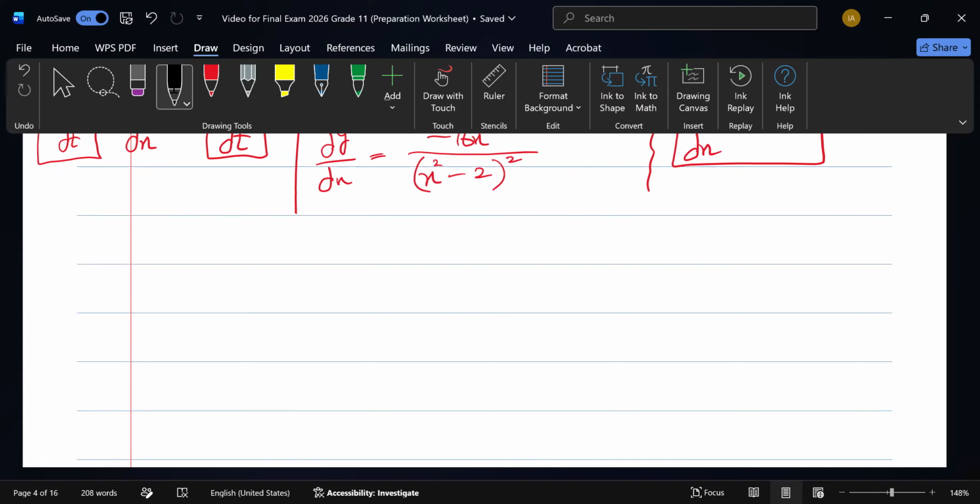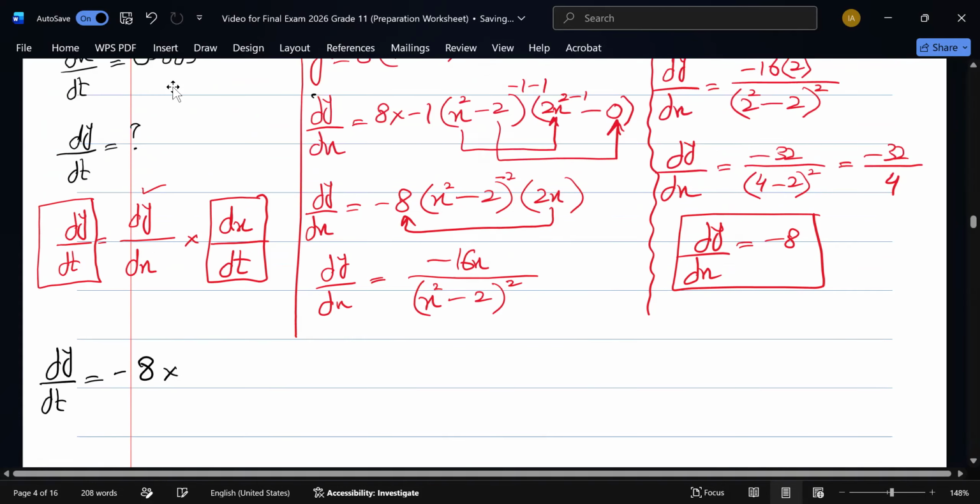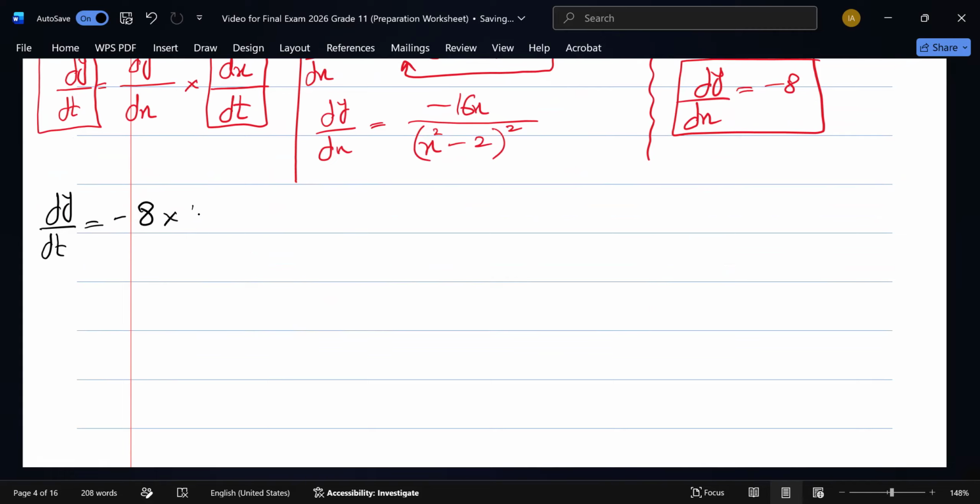So dy over dt is going to be dy upon dx, which is -8, and dx upon dt is 0.005. If I multiply the two numbers, you can give your answers in decimals or in fractions, up to you how to deal with this.